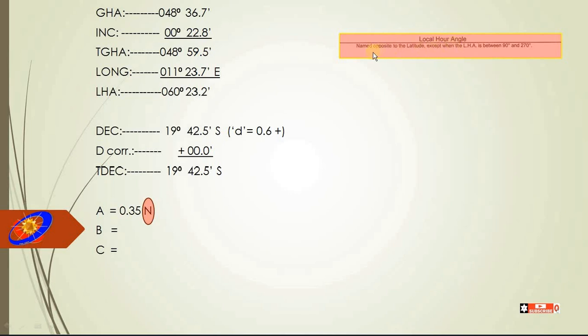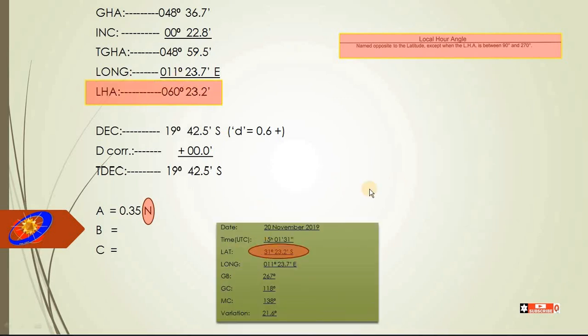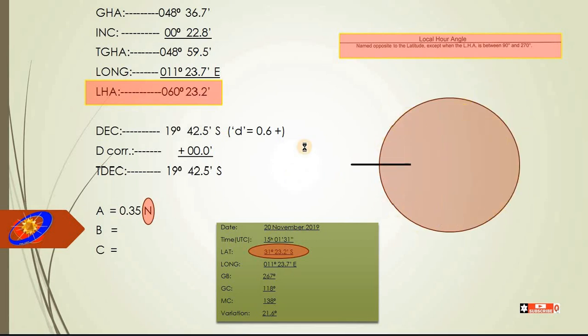Okay, for the local hour angle, name opposite to the latitude except when the LHA is between 90 degrees and 270 degrees. Our LHA, our latitude. Okay, try to draw this in your mind. Of course, 0, 90, 180, 270.